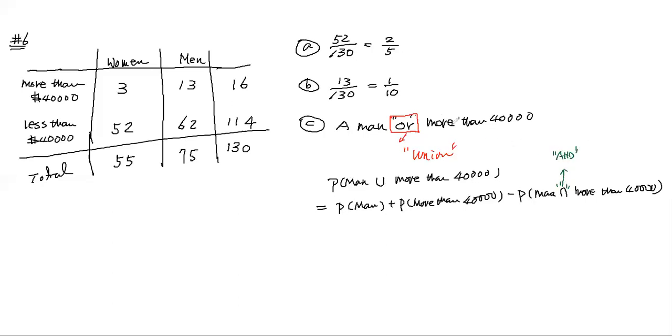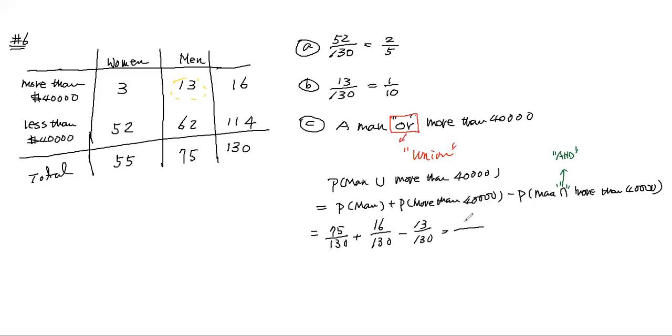So now let's plug in the numbers. What is the chance you will get a man? It's 75 over 130. What is the chance you will get anything greater than 40,000? Greater than 40,000 overall is 16 over 130. Now, what is the probability of a man and more than 40,000? It's here, so that's why you minus 13 over 130.